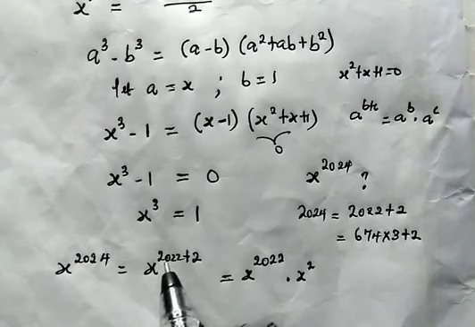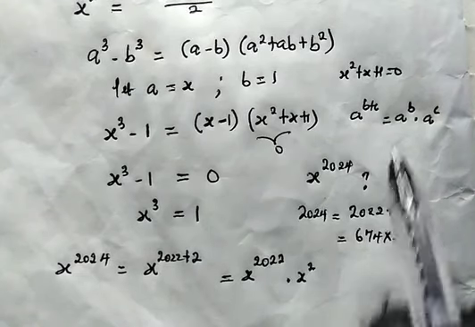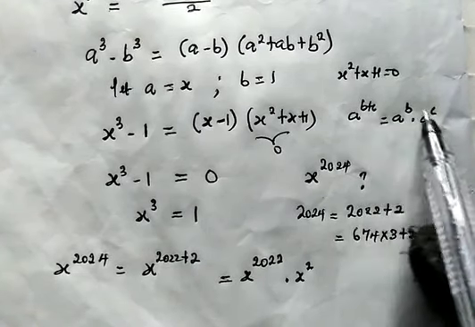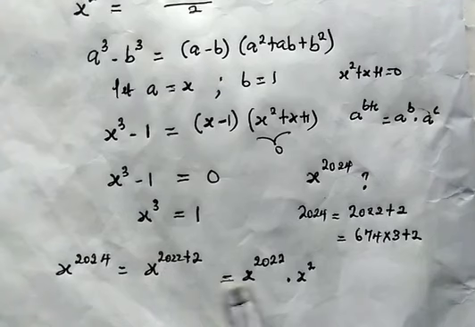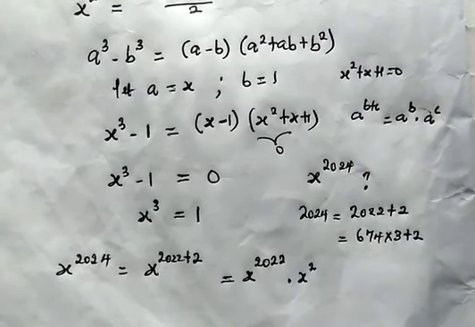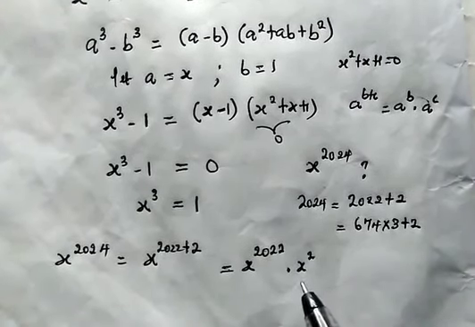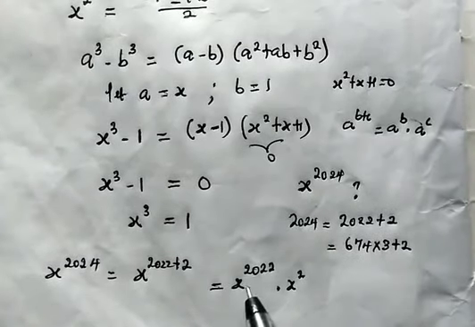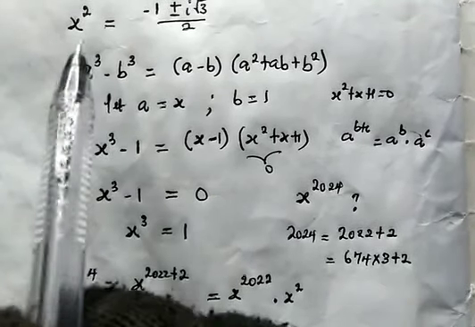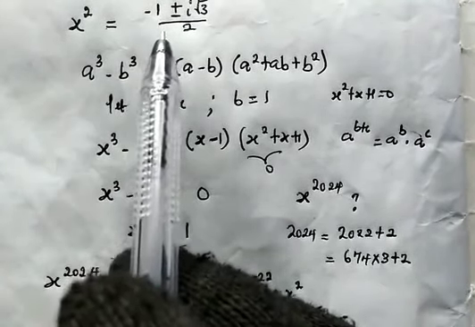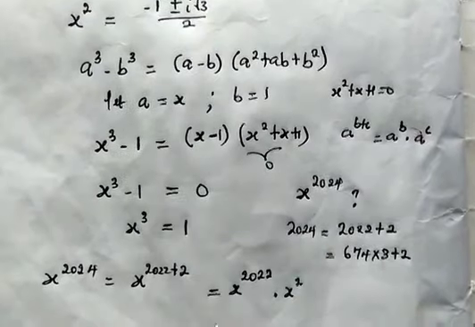So that is what is going on here. We have 2022 plus 2, where we have b plus c, and we can express it like this. Now, our major priority here is to find the value of x to the power of 2022. Already we have that x squared is equal to negative 1 plus or minus i root of 3 over 2.